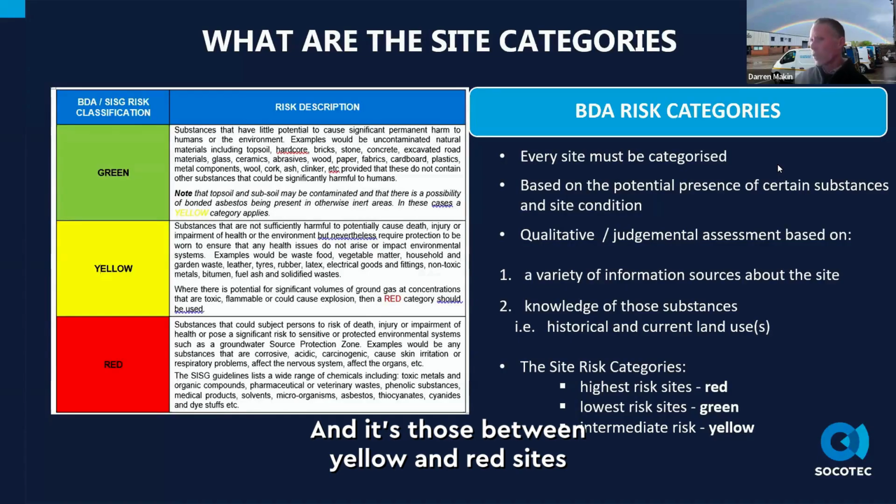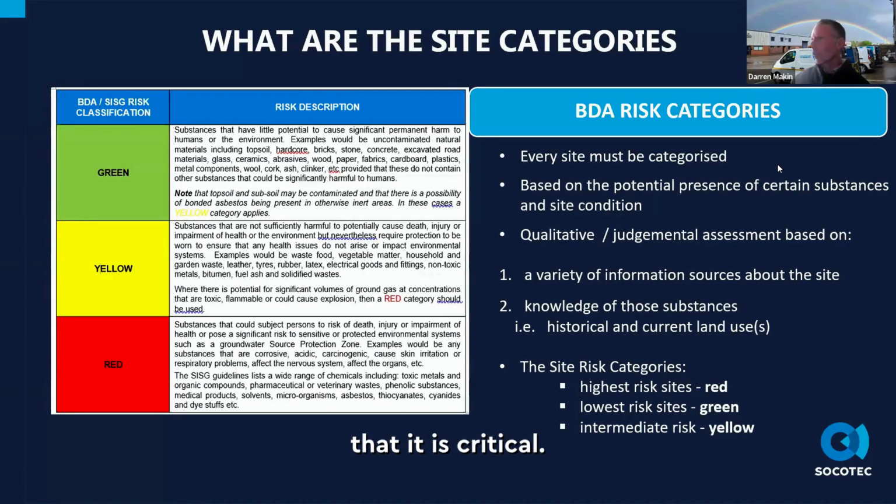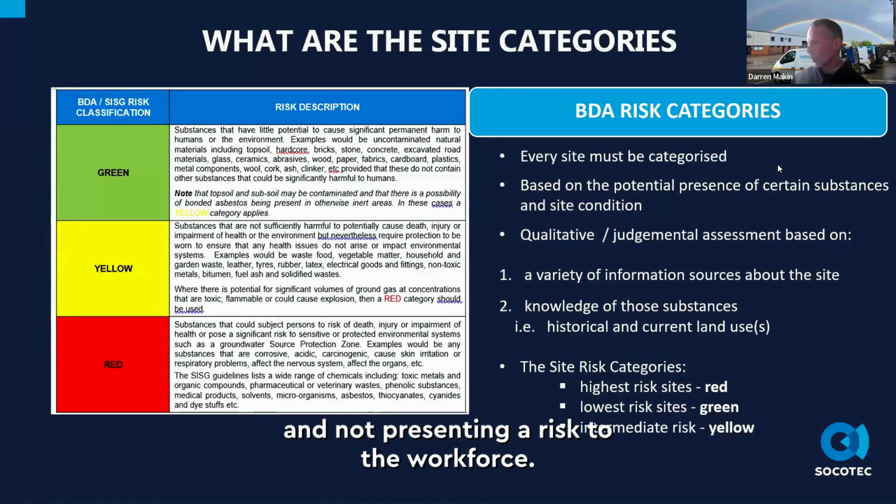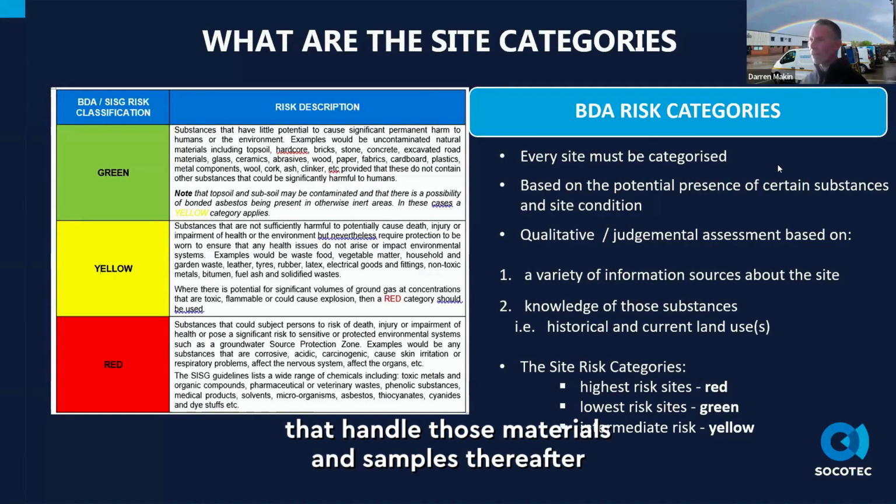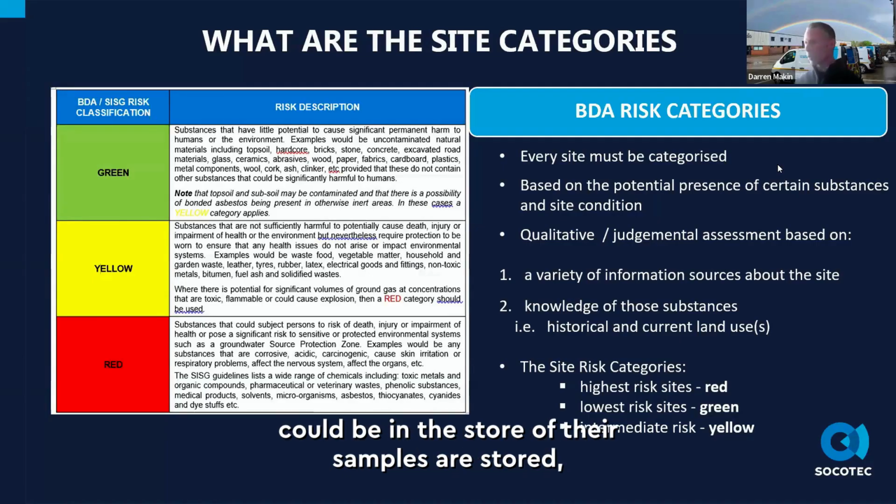And it's between yellow and red sites that it is critical the site category is right, because obviously it's the difference between presenting a risk and not presenting a risk to the workforce, and also all those people in their jobs who handle those materials and samples thereafter. It could be in the store where samples are stored. It could be in the lab.